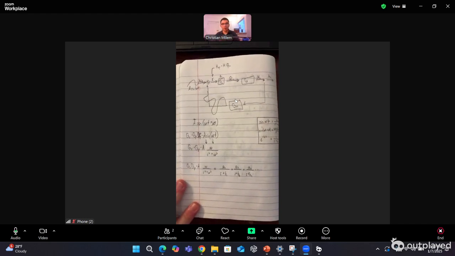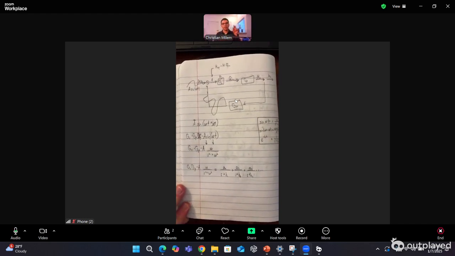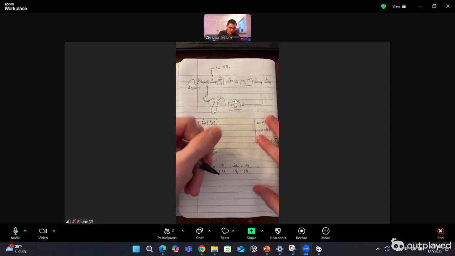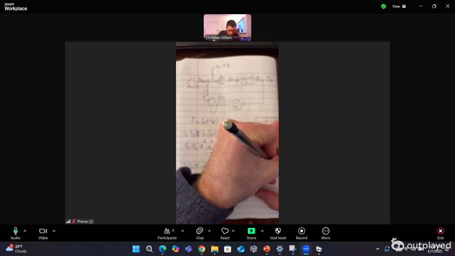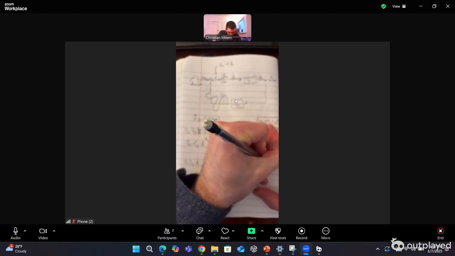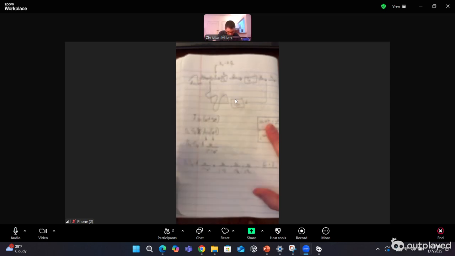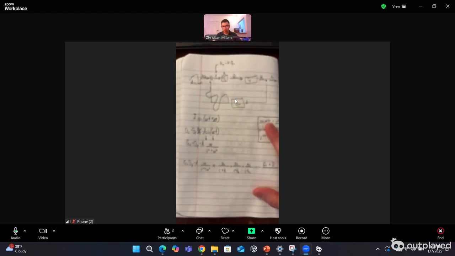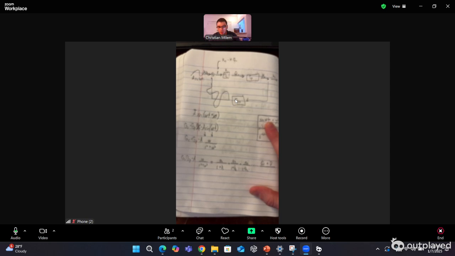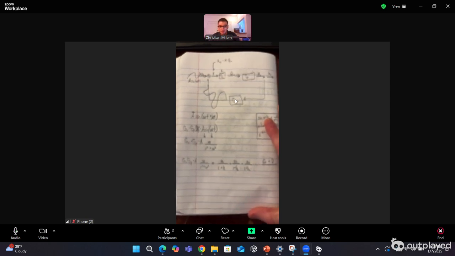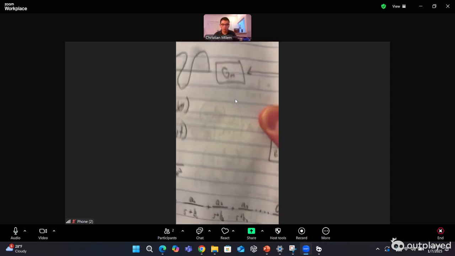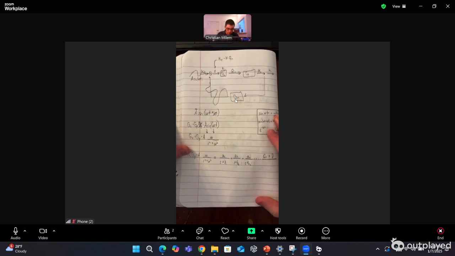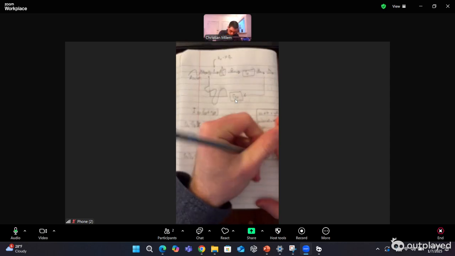Again, how many subscript i's you have depends on the example. But eventually you're going to get to CS plus D, and C and D would be values that you would get by doing this.